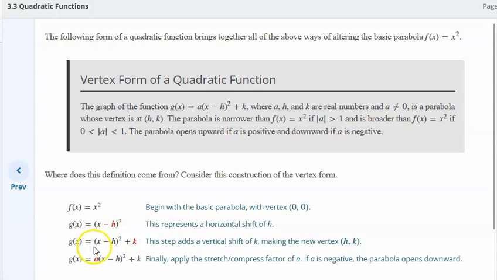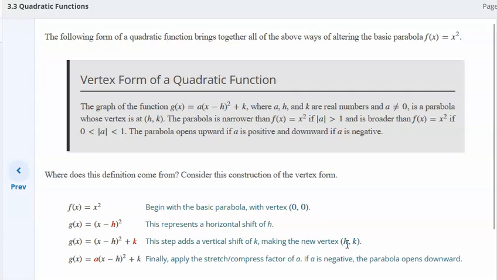Now, when we get to this third one, this is providing a k value. Now, when we look at the letters h and k, interestingly, this will make up what is called the vertex.